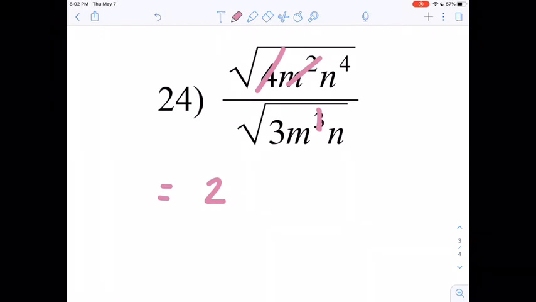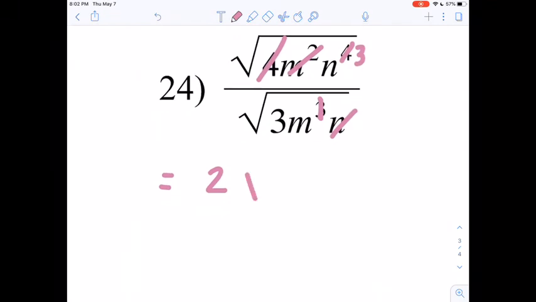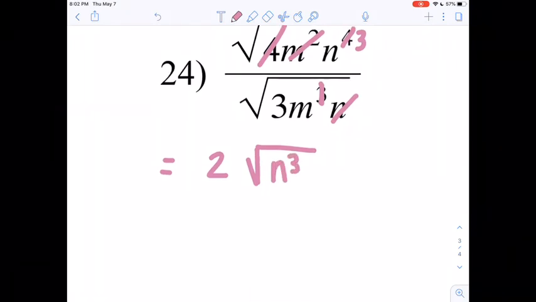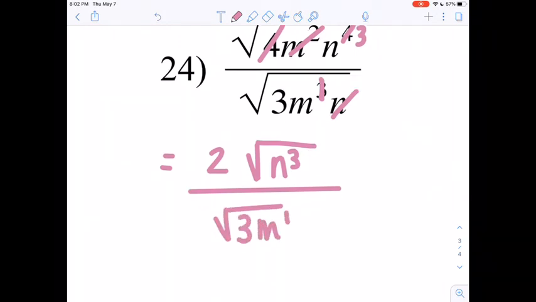And then n to the fourth, so 4 minus 1, that's 3, so this is going to become n to the third. So in the numerator, I have the 2, and then I have n to the third inside the square root over the square root of 3m to the first.